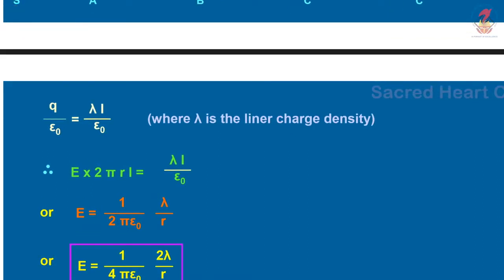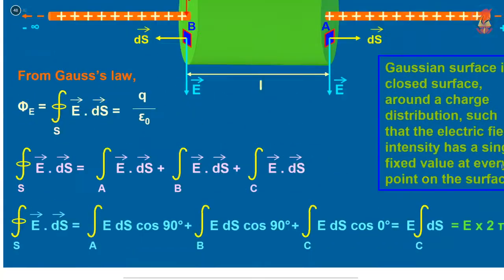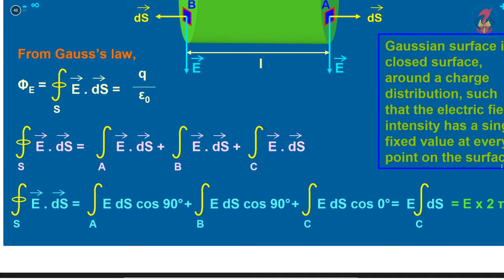Now, q by epsilon 0. We studied linear charge density lambda equal to q by L. Therefore, q can be given as lambda into L. That is what you are seeing here. So instead of q by epsilon 0, I wrote lambda L by epsilon 0. So put this equation in the first equation.